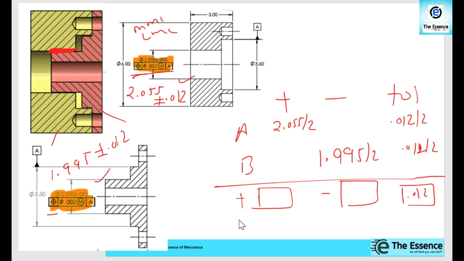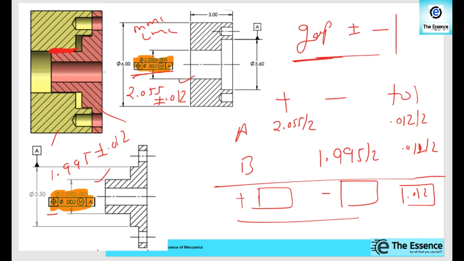So in this way we subtract that, we get the gap and plus or minus tolerance. So that will be the radial gap with the effect of geometric tolerances. In this way we can calculate and we can consider the effect of geometric tolerances.